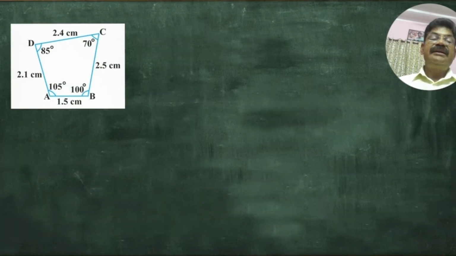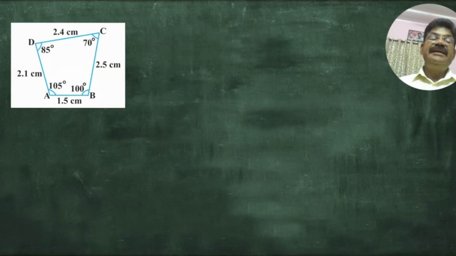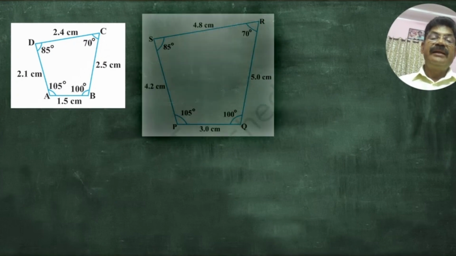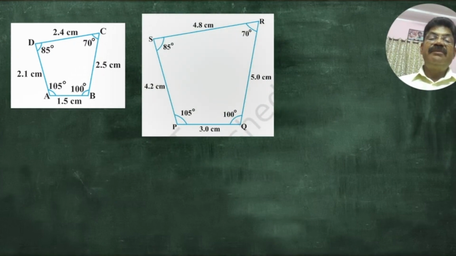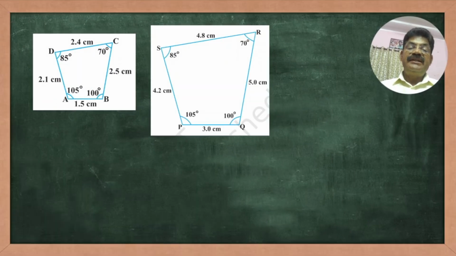Consider the quadrilateral ABCD. Angle A is 105 degrees, angle B is 100 degrees, angle C is 70 degrees, and angle D is 85 degrees. Sides are different. Now look at this quadrilateral PQRS. Angle P is 105 degrees, angle Q is 100 degrees, angle R is 70 degrees, angle S is 85 degrees. Therefore, the corresponding angles are equal. What about the sides? AB is 1.5 centimeter.